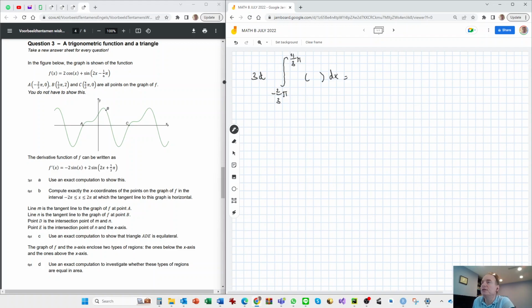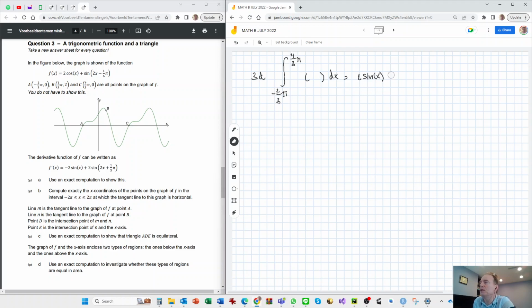The primitive is just a sine of x, and from the second term we get a cosine with a negative sign, and because of the chain rule you would pick up another factor 2 which you want to compensate for.